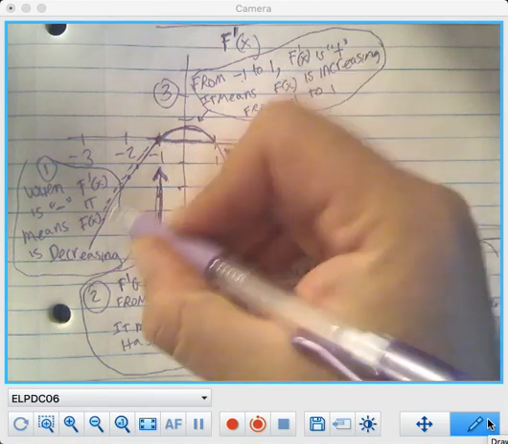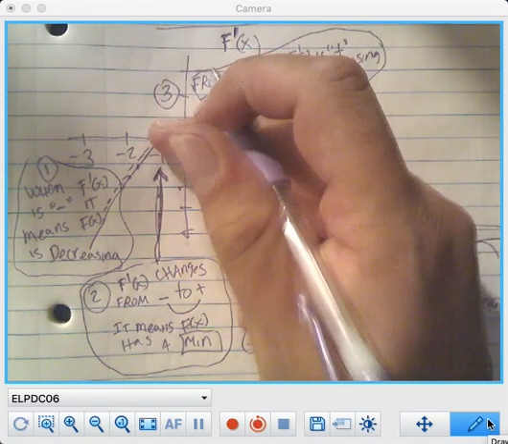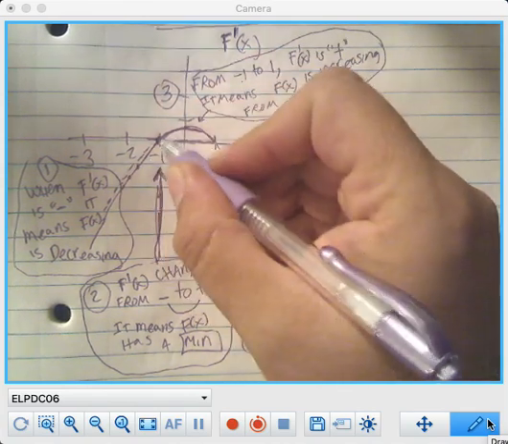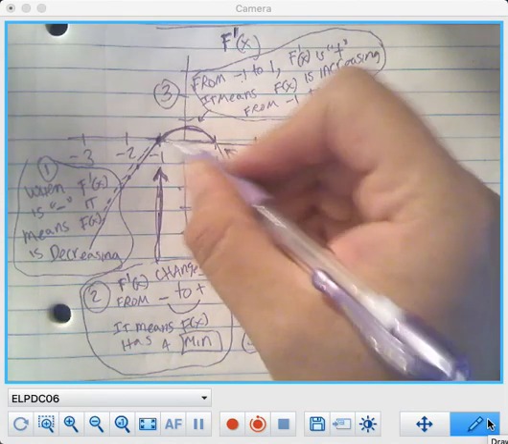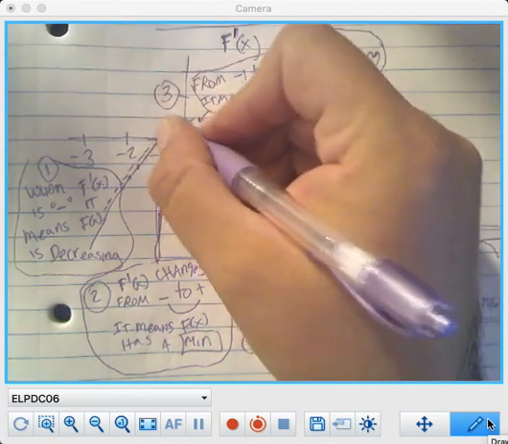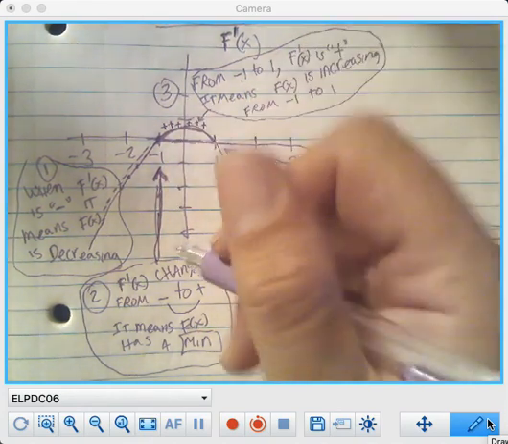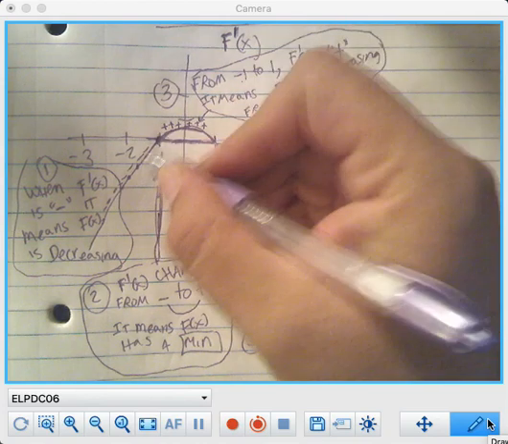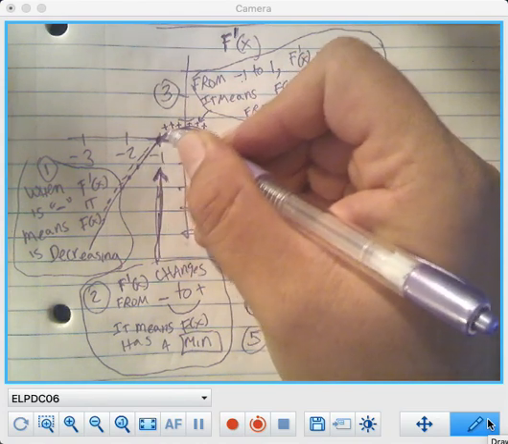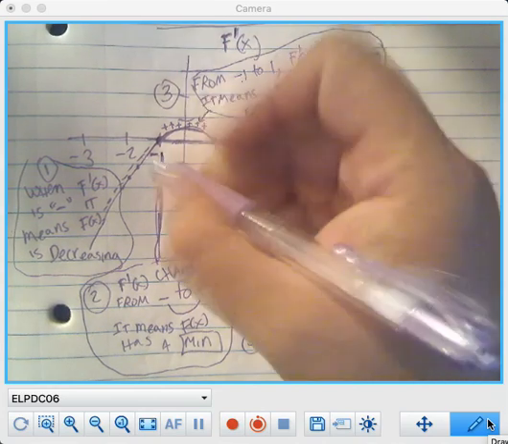Okay? So we just talked about this line being negative because it's below 0. Okay? Here, this point, the y coordinate is at the 0, right? After this, it becomes positive because it jumps to the top. Okay? So that's why we say it changes from negative to positive at x equals negative 1. Okay?